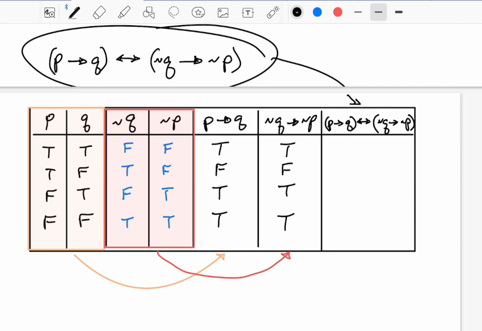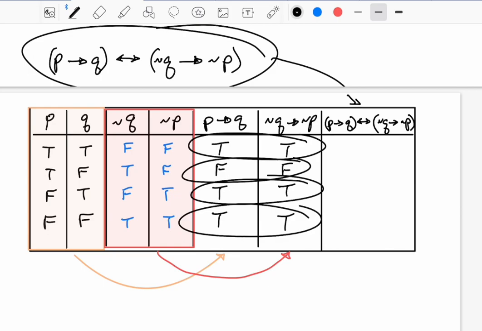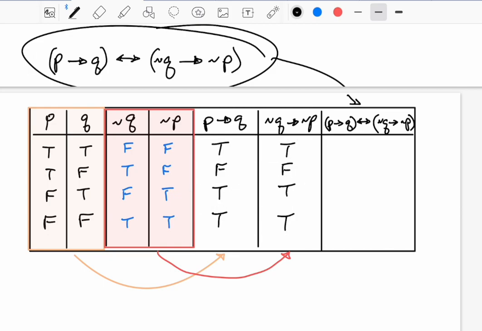So the biconditional is the instances in which the truth values are the same. So I have true, true, false, false, true, true, false, false. It's the same across the board here. So true right on down the line. So this is what we call valid.